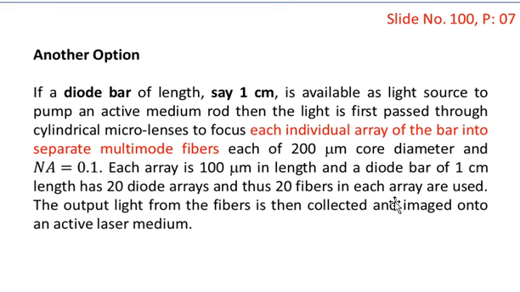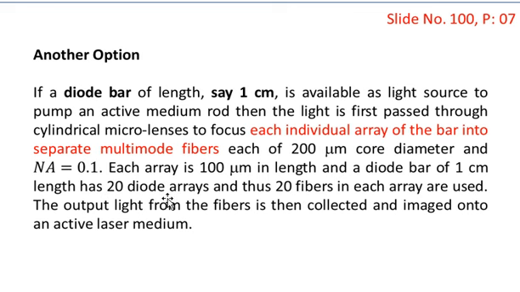So this diode bar now contains 20 diode arrays, and each diode array contains 20 fibers. In front of each diode array, we can use a fiber of 200 micrometer core diameter, having a numerical aperture equal to 0.1.